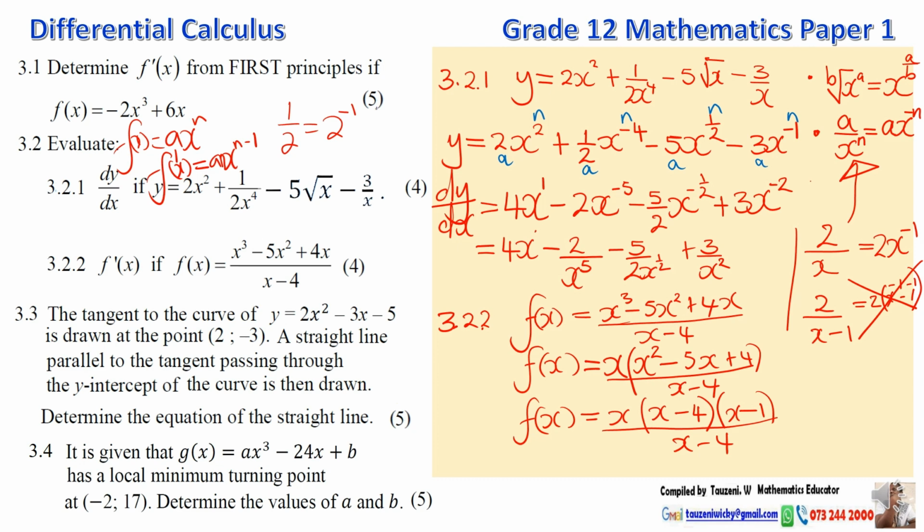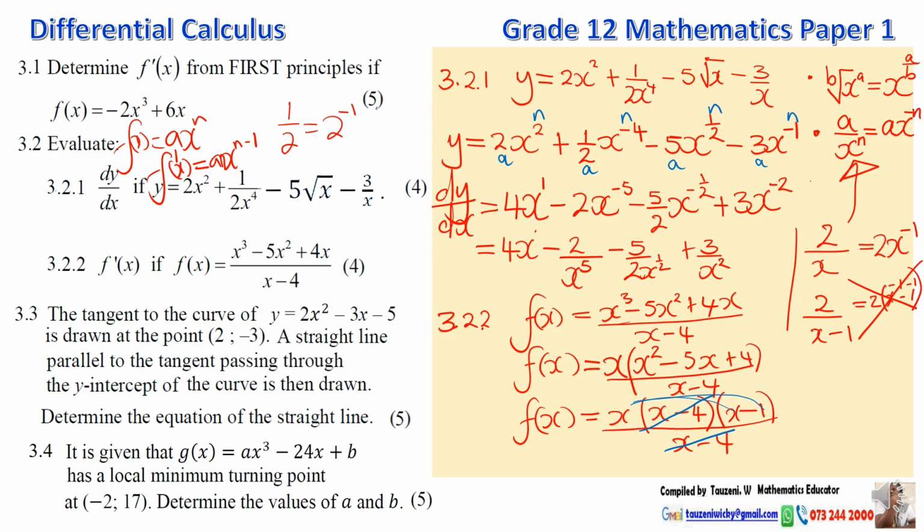The x minus 4 at the bottom divides the x minus 4 on top. Then the x that remains and the x minus 1, you multiply them, x times x and x times 1, because remember, we don't need brackets when we are doing this.